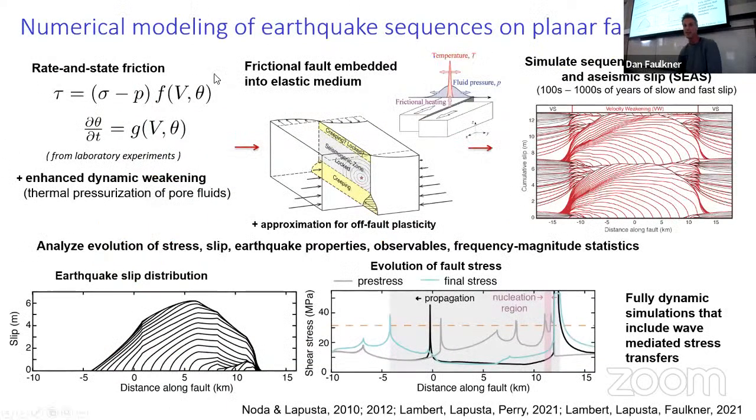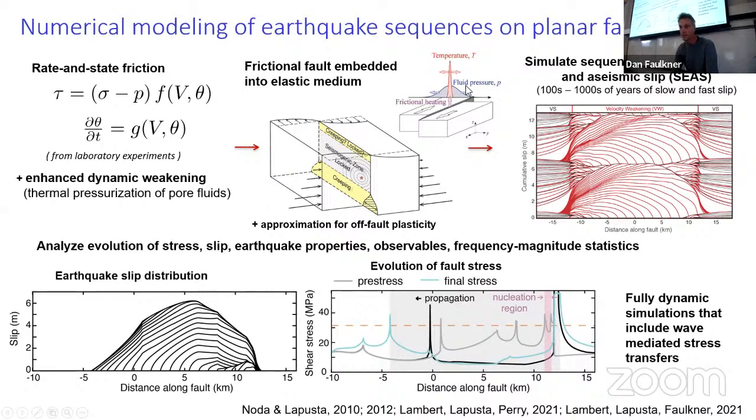So it's a very complicated slide, this, but really what I want to point out just here is that we start on the left-hand side just here. We start with rate and state friction, which we kind of reviewed a few slides ago. So we have lab data which informs some of the physics that happens just here. The model basically just embeds a fault into an elastic medium.